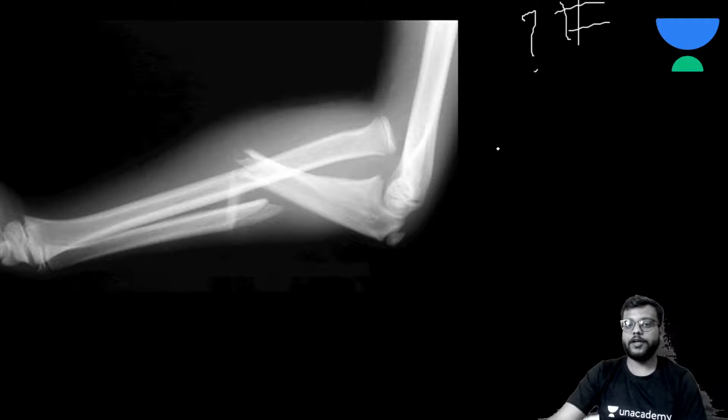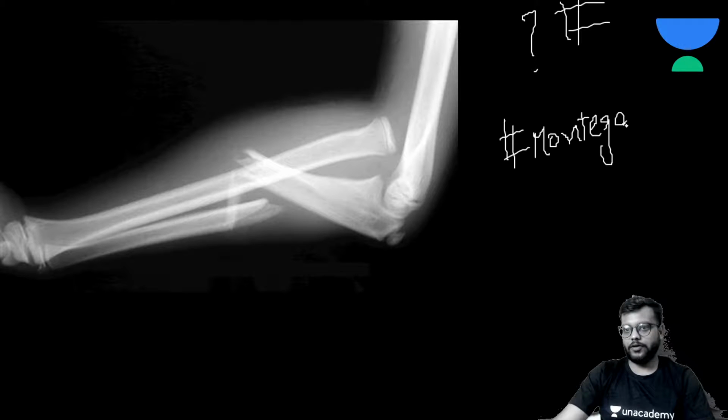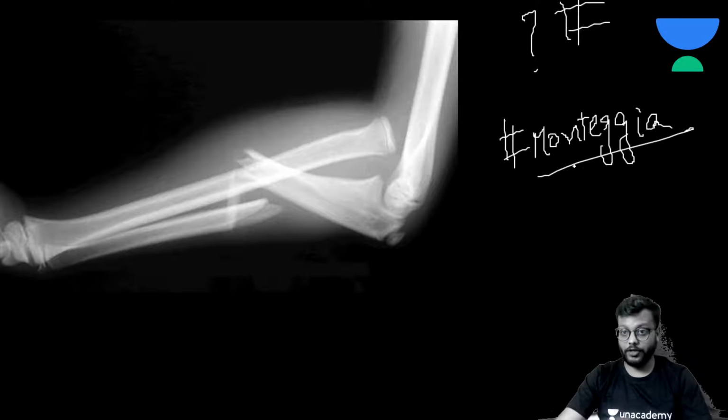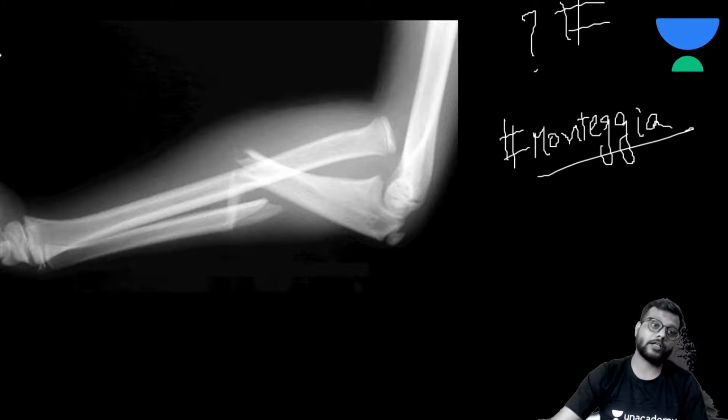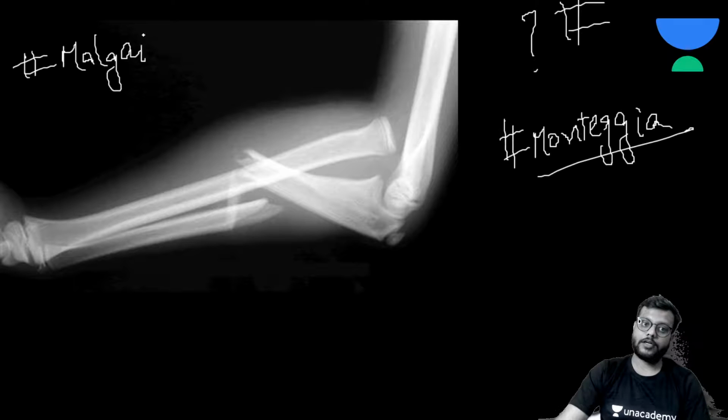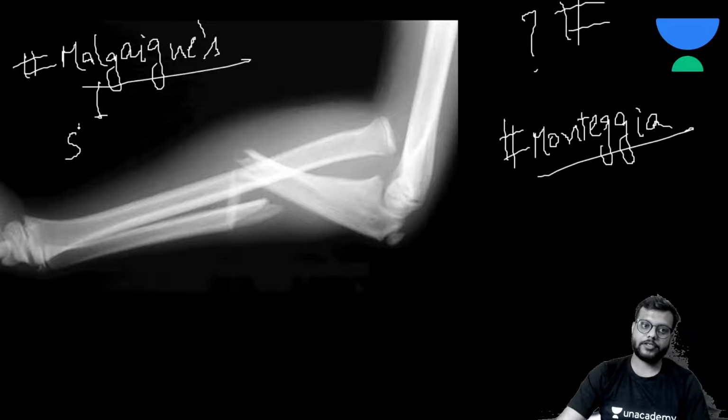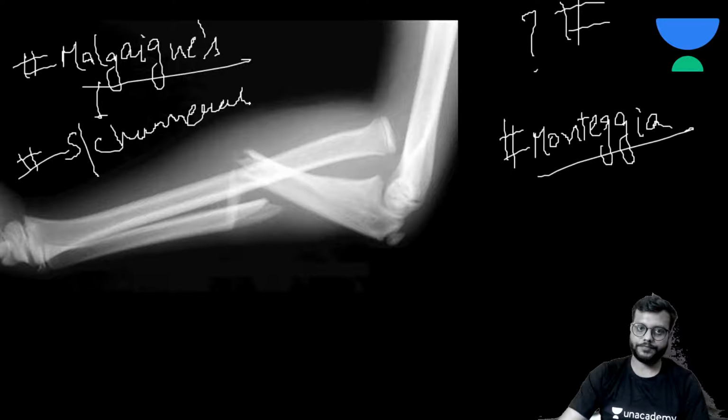Okay, very important and discussed many a times. This is Monteggia fracture. Monteggia reminds me, what is Malgaigne's fracture? Malgaigne's fracture is a fracture of the supracondylar humerus.